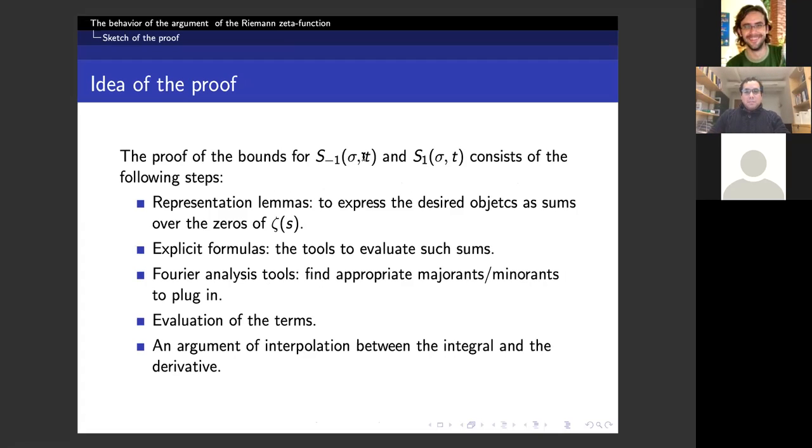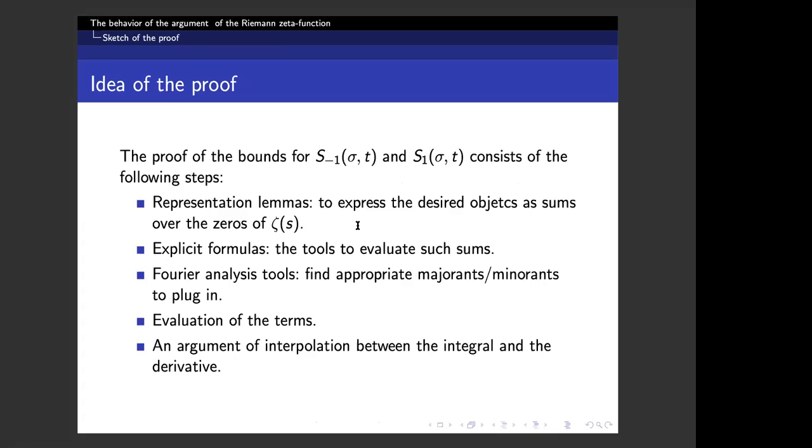We want to obtain bounds for S minus sigma t and S1 sigma t in these steps. First, I would like to obtain other representations for these functions, S minus and S1. In these representations will appear certain sums over the zeros of zeta. To try to understand these sums, I will use explicit formulas to evaluate these terms.